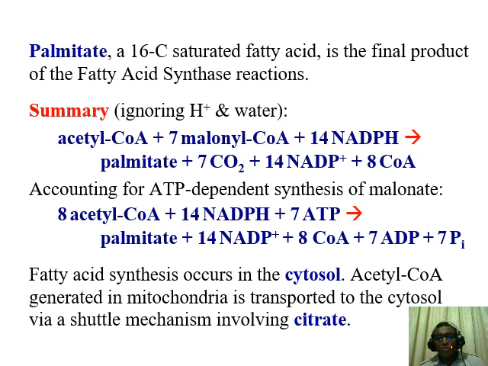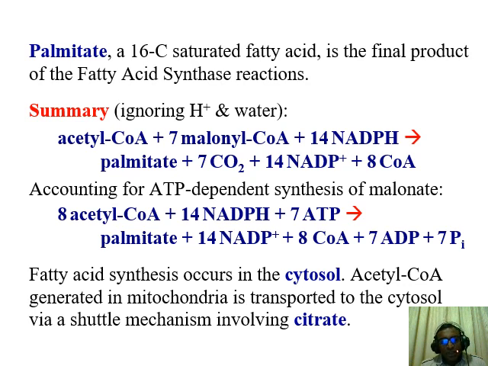But if you take into account the ACC and also the reaction of fatty acid synthase, you need to realize 8 acetyl-CoA will react with 14 NADPH, and 7 acetyl-CoA will be converted to become malonyl-CoA by using 7 ATP, and due to the 2 enzymes, finally you will get palmitate as the end product, the 16 carbon palmitate.